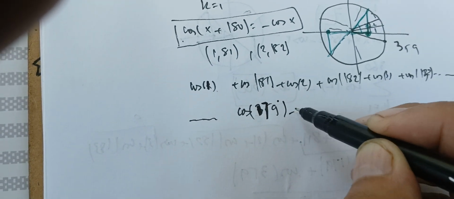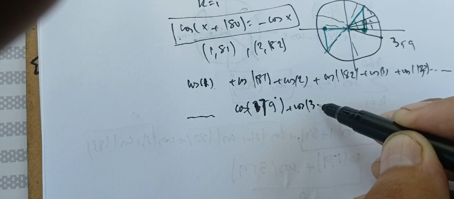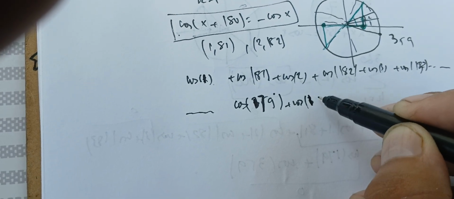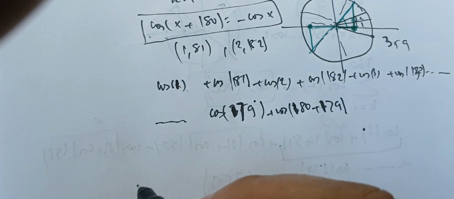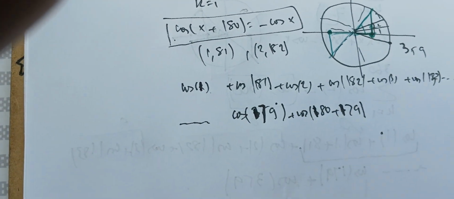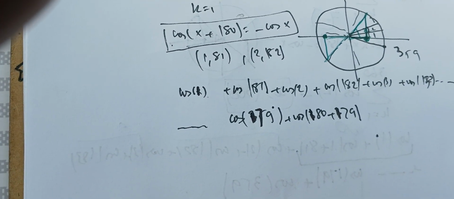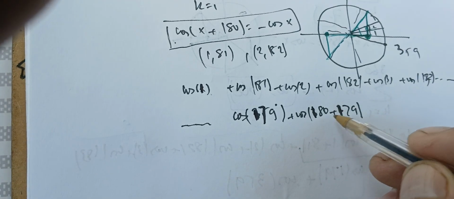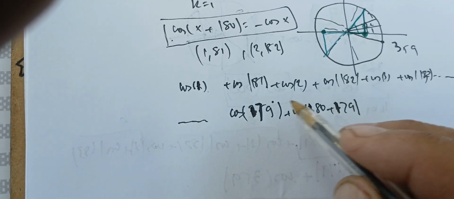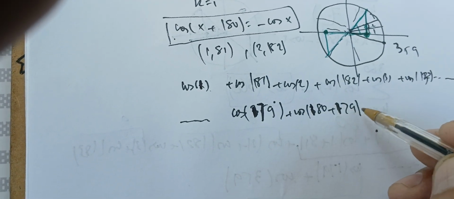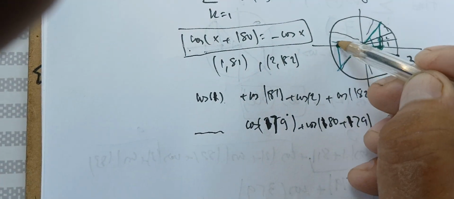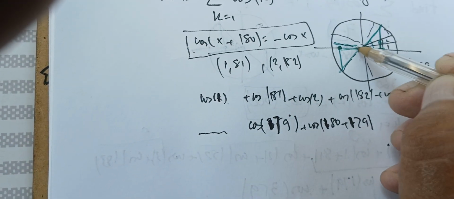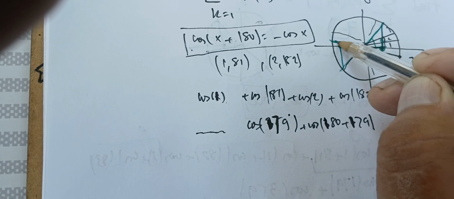the cosine of 179 plus the cosine of 180 plus 179. I want you to see this, that's why I'm trying to make it clear. 359 is 180 plus 179. So this one here is this angle here, this is 179.